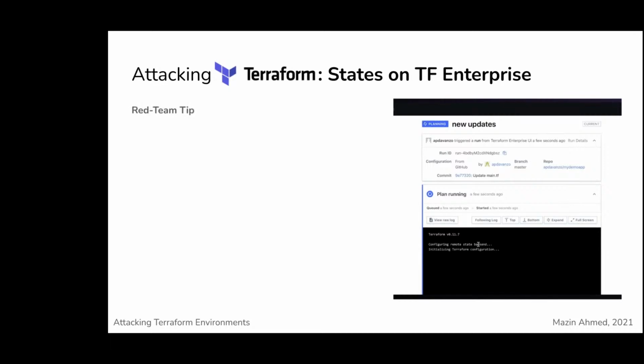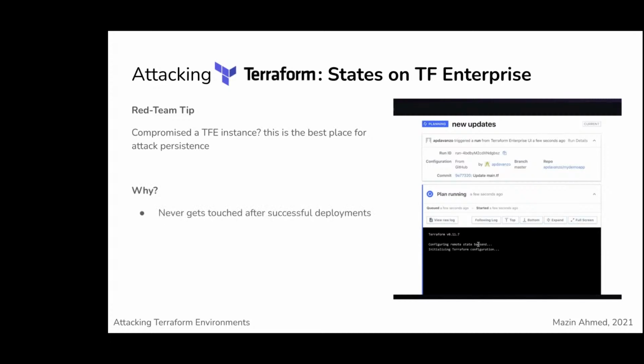Another thing that I have is a red team tip. If you ever compromise a TFE instance, this is the best place for attack persistence. The reason is no one really ever touches this after a successful deployment. Breaks rarely happen because this is a production and sensitive environment, and people would really want it to be up and running the entire time.